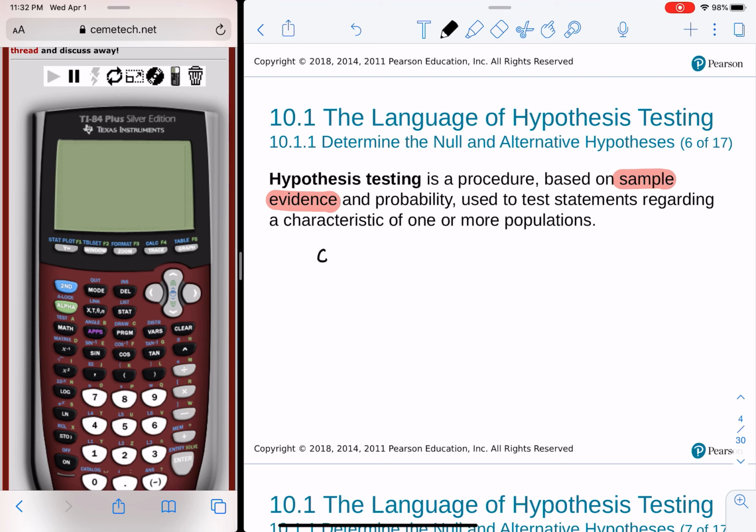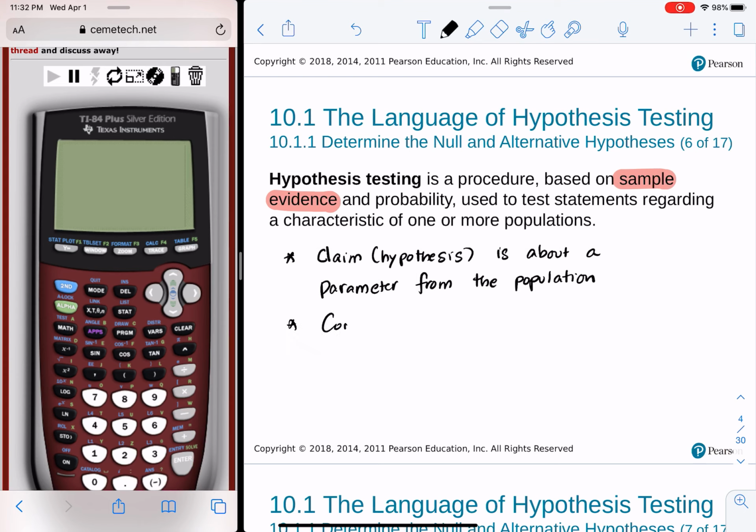So key things to keep in mind here are that the claim or the hypothesis is about a parameter from a population, and the conclusion is a statement about the parameter pertaining to the claim that we just made.